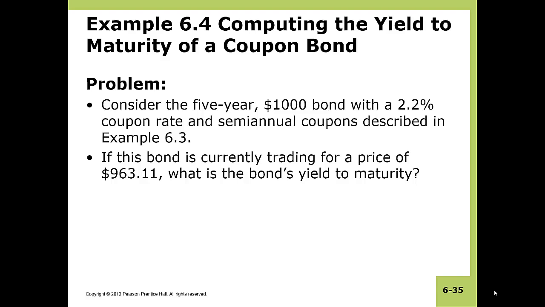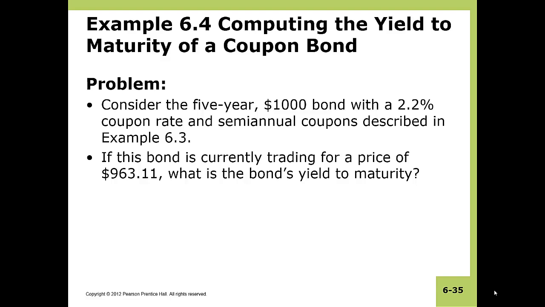The payment, you're receiving that, and so that is a positive $11 because every 6 months you get an $11 interest payment. The future value is the $1,000 that you will receive at the end, so you would also put that in as a positive. The payments per year is 2.